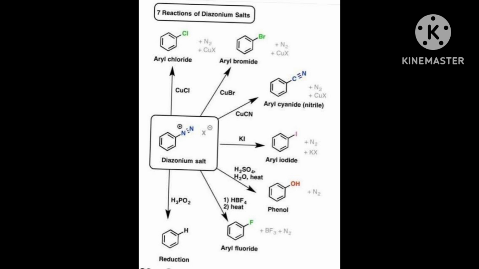Here NaNO2: Na will go as Na plus, NO2 will become minus, NO2 minus. Okay. Here you are taking NaNO2, sodium nitrite. Then here nitrite NO2 will be negative.